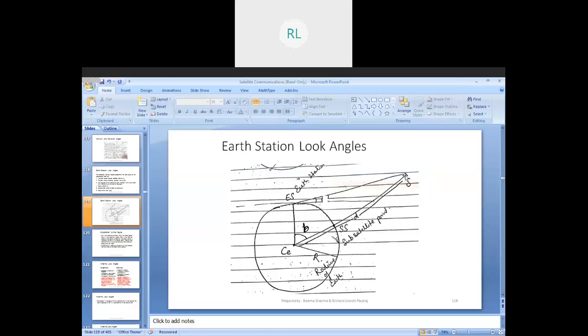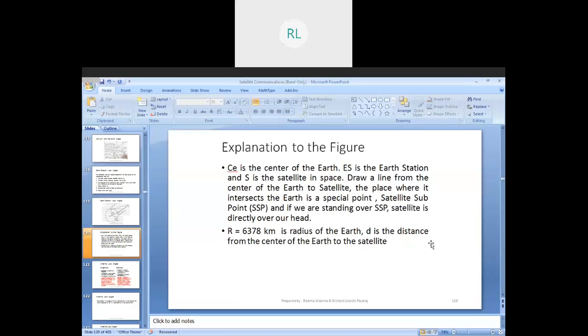There should not be any deviation, we should think that the satellite is exactly on top of our head without making any angle. So I'm just drawing a straight line from the satellite. Once I get this point, this is called a sub-satellite point. If I extend that to the center of the earth, that becomes d.